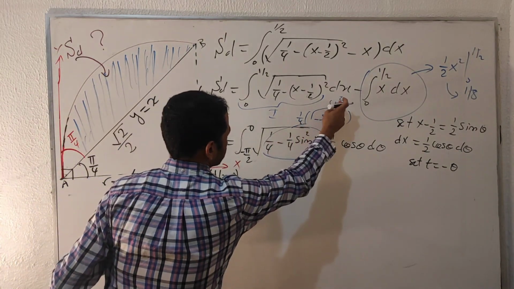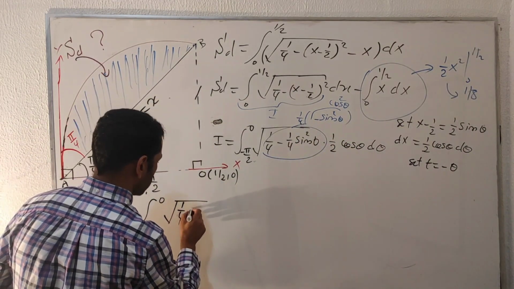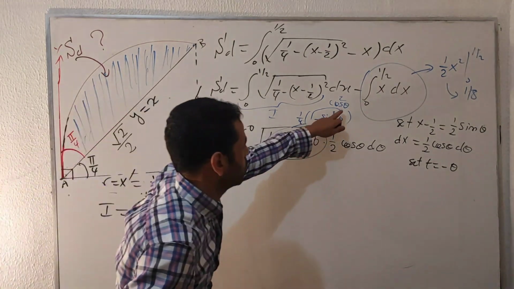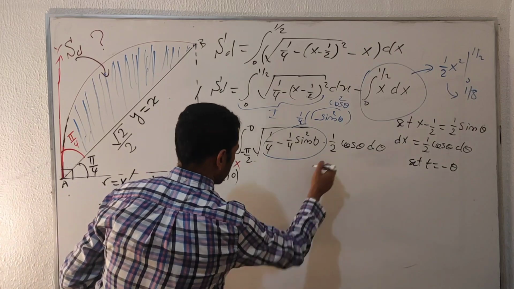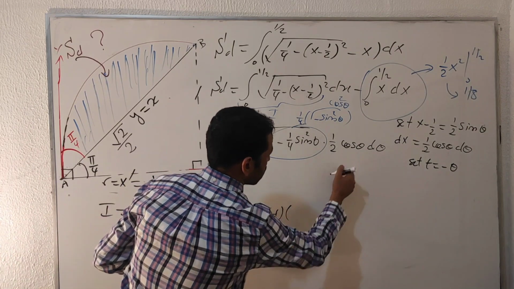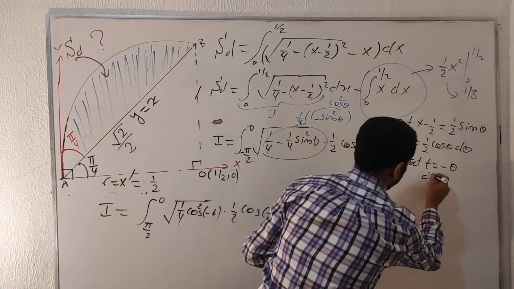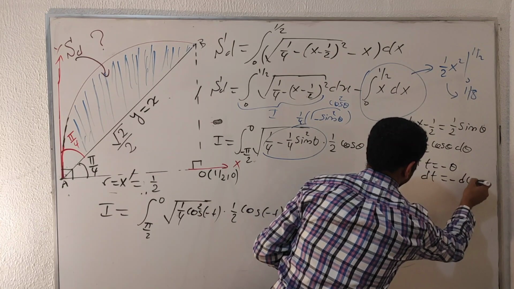The term cosine square theta becomes 1 over 4 cosine square of minus t, because I have changed theta to minus t. Half is multiplied by cosine of minus t, times minus dt, because differentiating gives dt equals minus d theta.